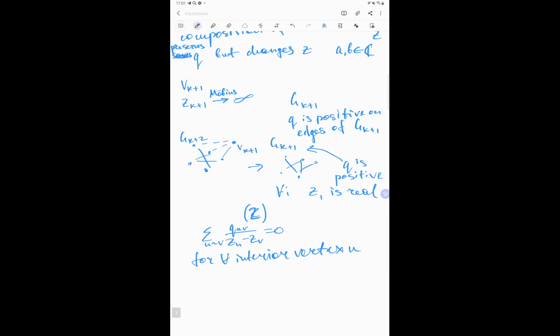It is so because if we move one boundary vertex to infinity, in the denominator we will get infinity, and we will get another equation for a smaller graph. Yeah, it's clear.